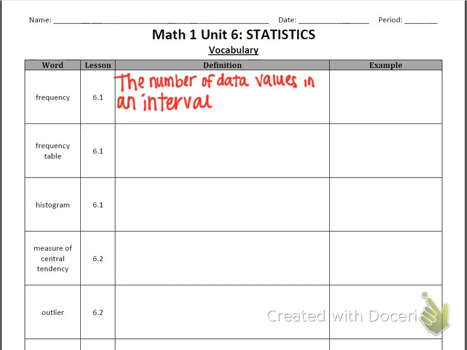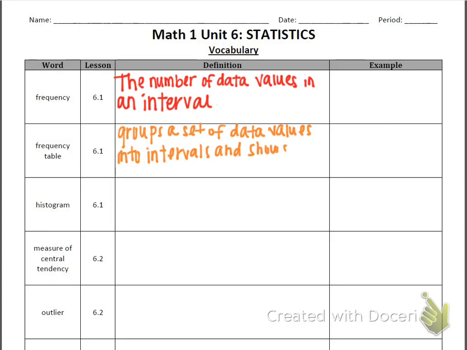So a frequency table groups a set of data values into intervals and shows the frequency for each interval. And we are going to do an example for this one.